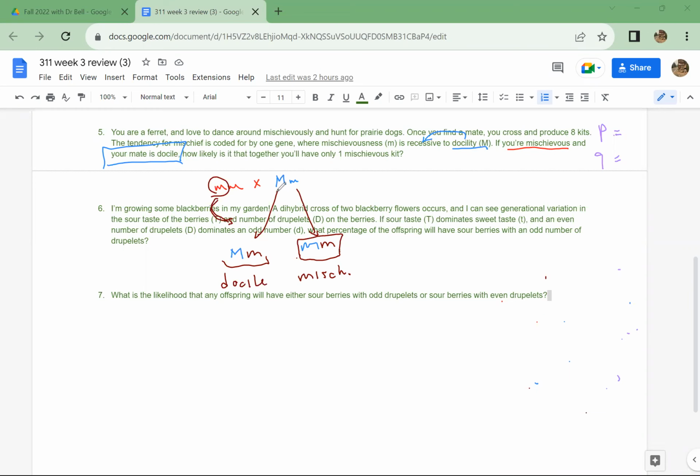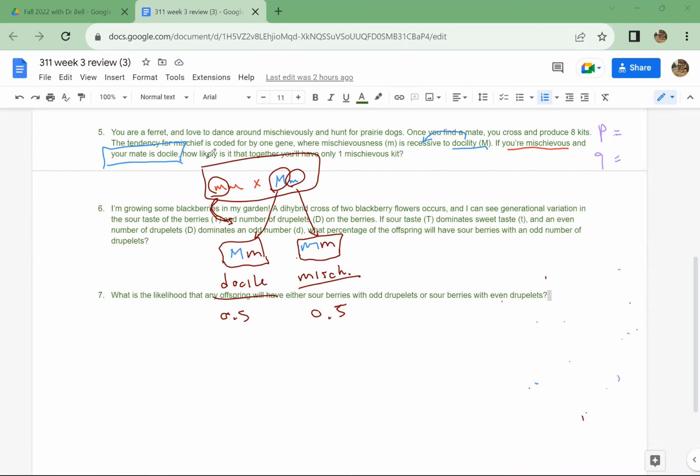And because it's just as likely when we're going through meiosis that the parent gives either this allele or this allele, these two outcomes are just as likely as each other. So it's 50% likely that they end up mischievous and 50% likely that the result of this cross is docile.